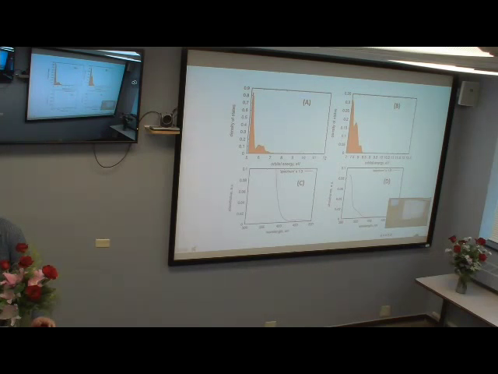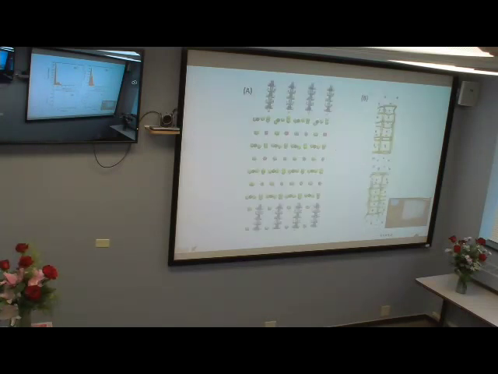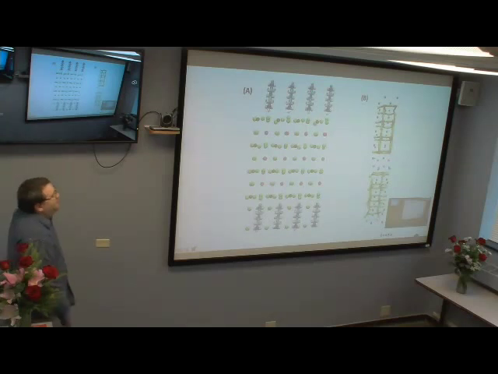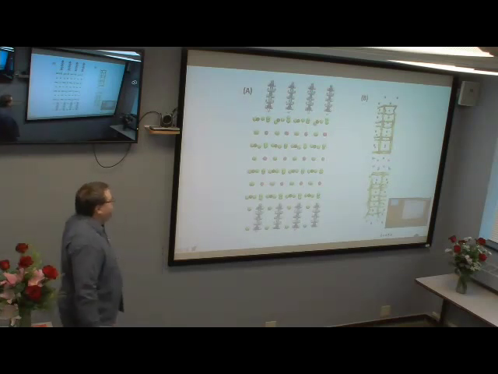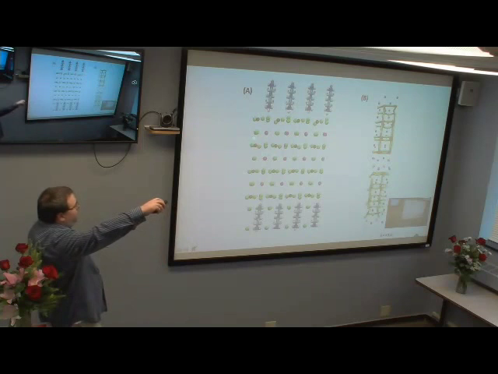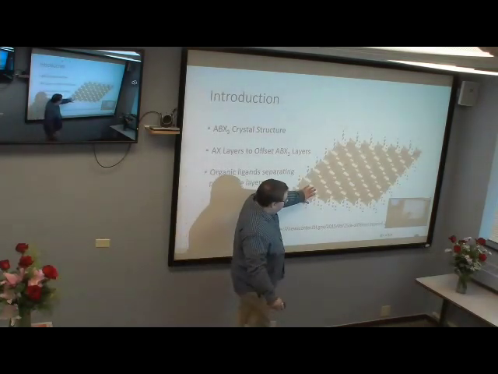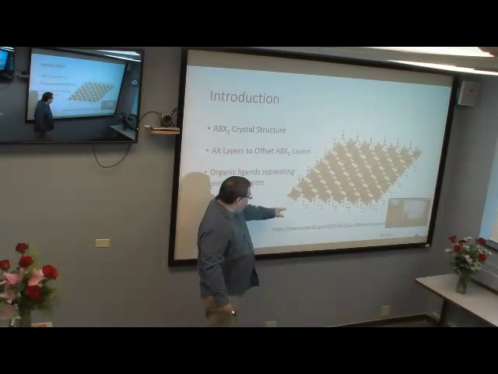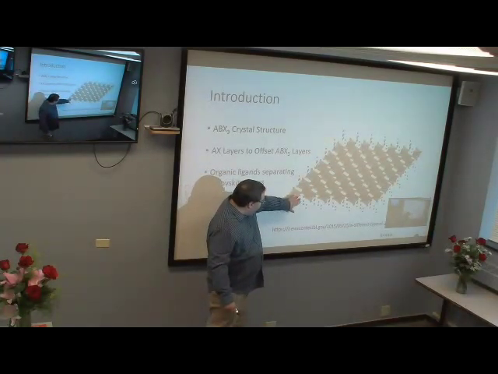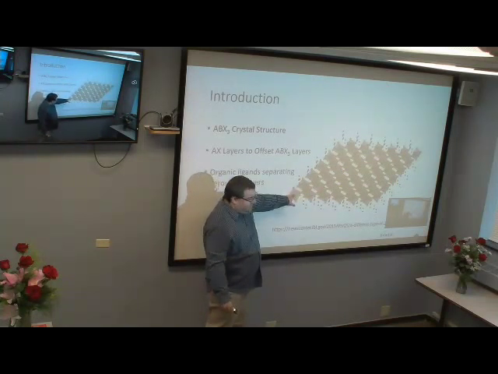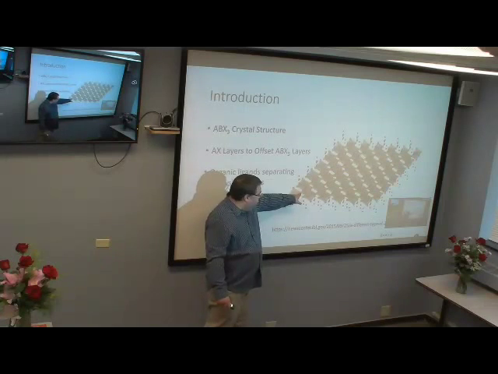Okay, more questions? Can you go back to your models? You never explained which are ABX3. You just showed us all these dots and the colors. I didn't know what I was looking at. So right here is a single layer of perovskites. In this case, lead would be this blue, chlorine would be that orange.